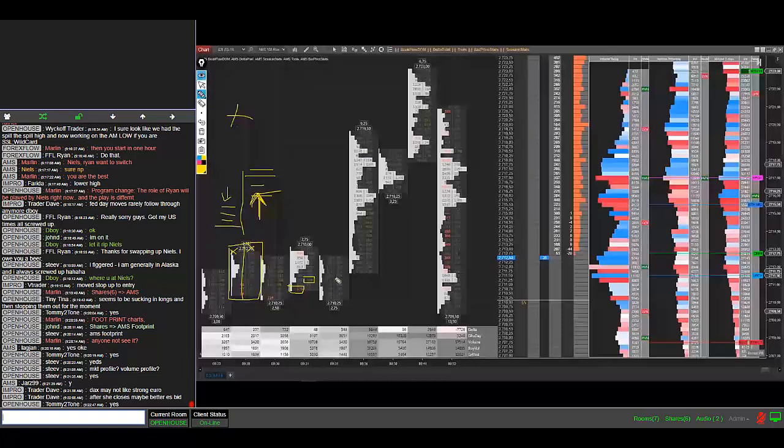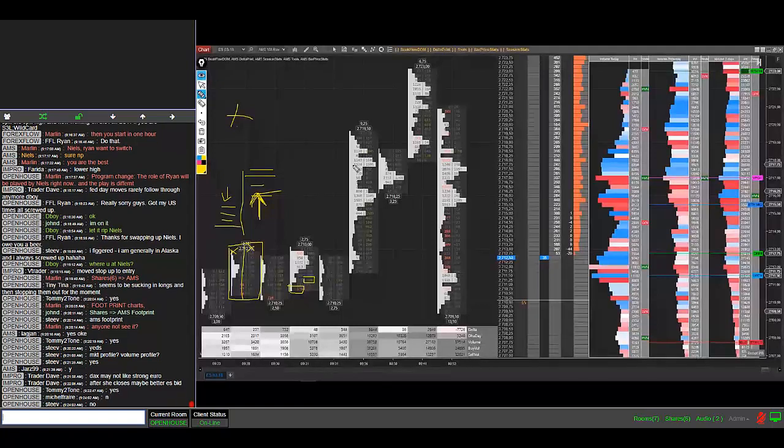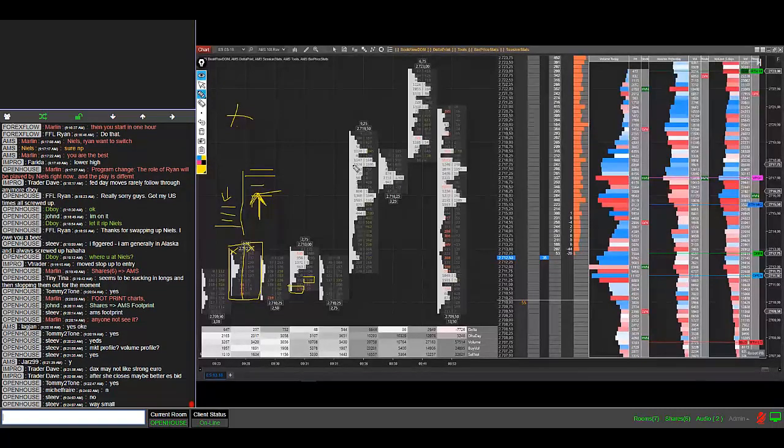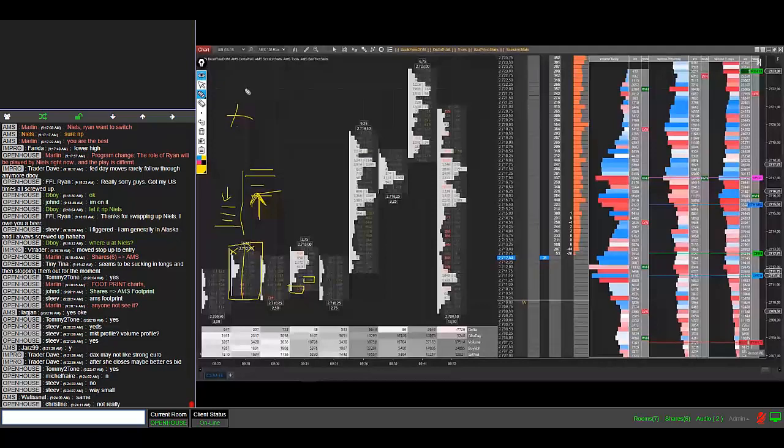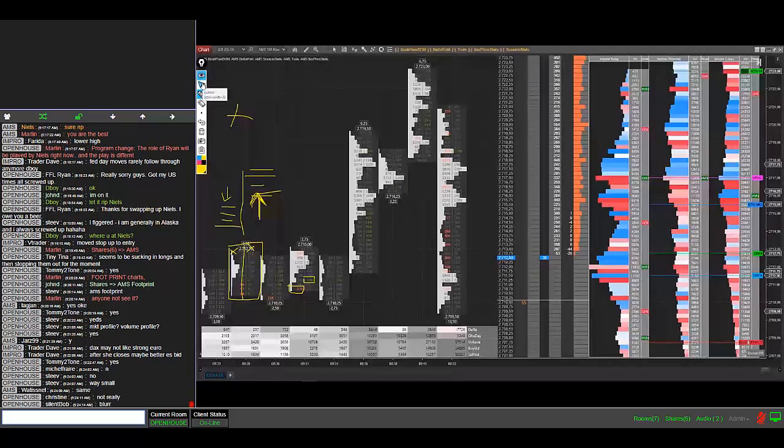I'm not sure if you can all see the numbers. Can you see the numbers? Because on my end it's kind of blurry. All right, yeah, it's small, right? Okay, let me figure that out.